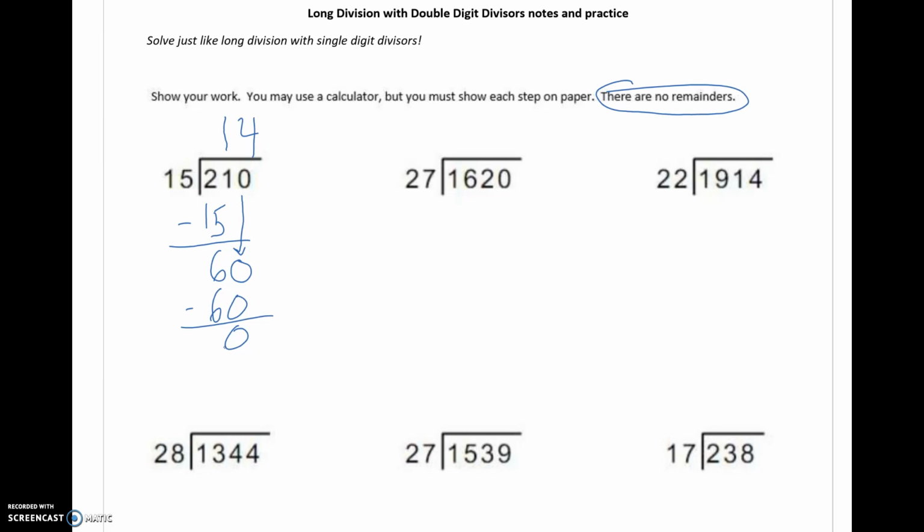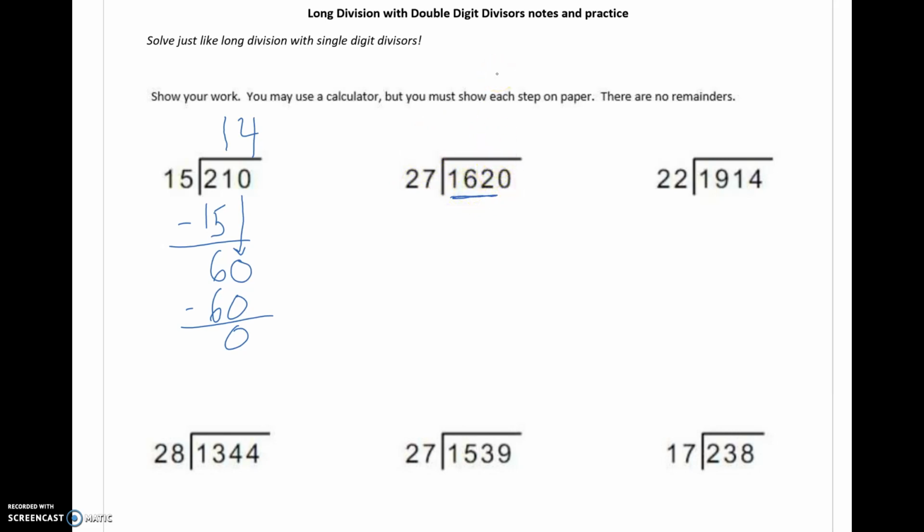All right, let's go to the next one. 1,620 divided by 27. Okay, this will be difficult because really the first number you're working with is 162. Because 27 doesn't go into 1 or 16. So we're looking at our third digit, 162.